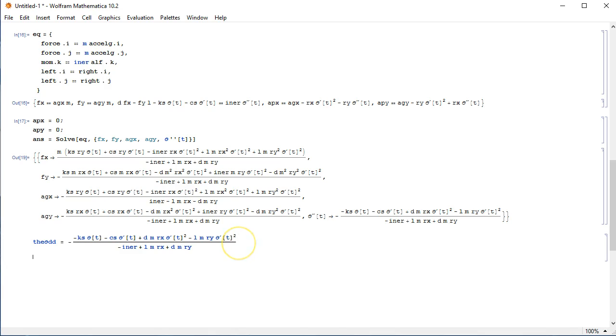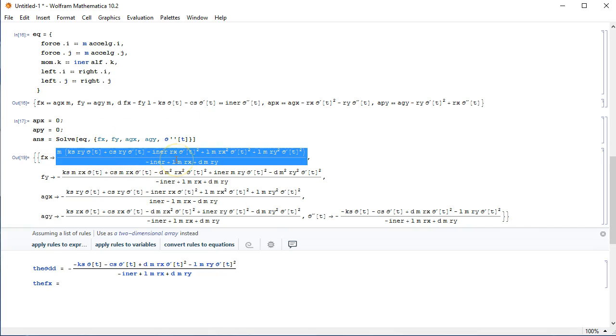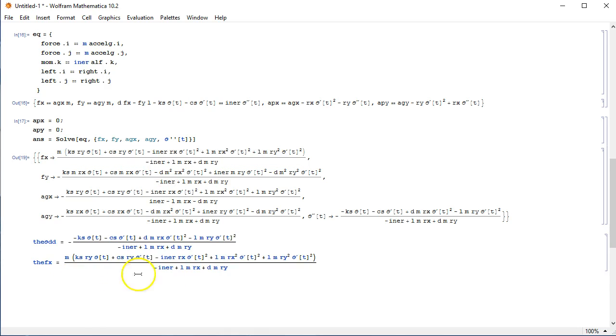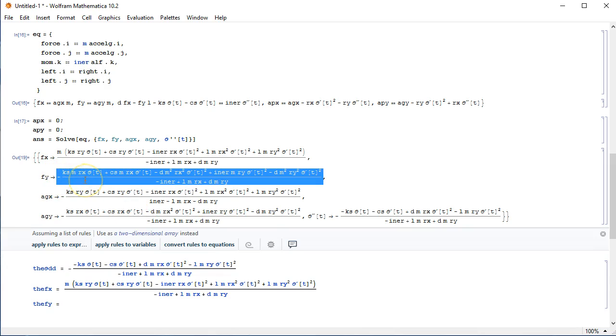You can do the same thing, and you can say Fx, the force in the x direction. Let's go get it. It's right up here. You can go copy. I'm going to hit Control C, Control V. The Fy, the force in the y direction, is equal to this thing right here.